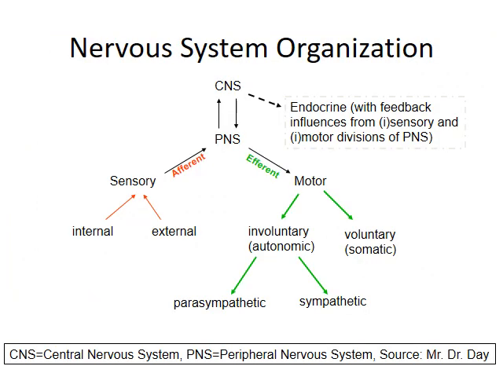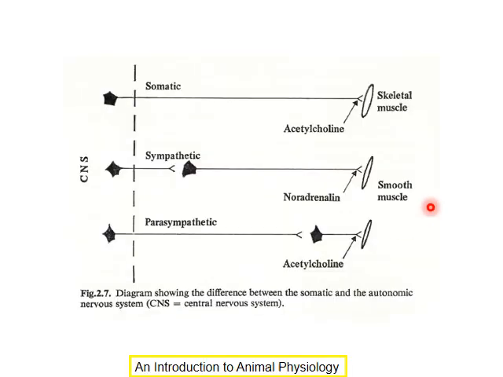We have that nervous system, the afferent side and the efferent side moving through. So we're looking at the efferent side right now. For the voluntary or somatic system, the body of the neuron is going to be in the central nervous system, but it has an axon that runs all the way out to the skeletal muscle.